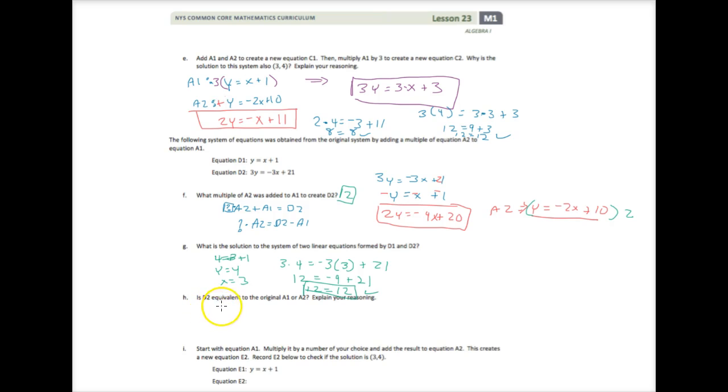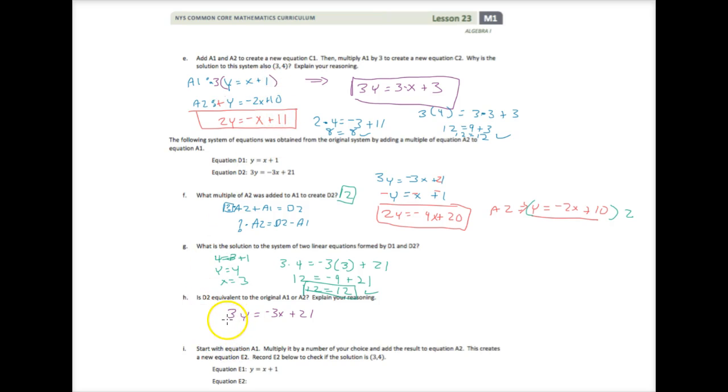Is D2 equivalent to the original A1 or A2? Explain your reasoning. Okay, this is a tough question. And I think the easiest thing to do is go ahead and take a look at what's going on here. So we have 3y equals negative 3x plus 21. We want to know, is it equivalent to either A1 or A2? Well, if it is, it's going to have to have a slope of 1 or negative 2 and a y-intercept of 1 or 10.